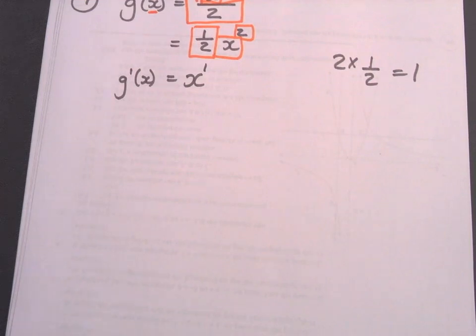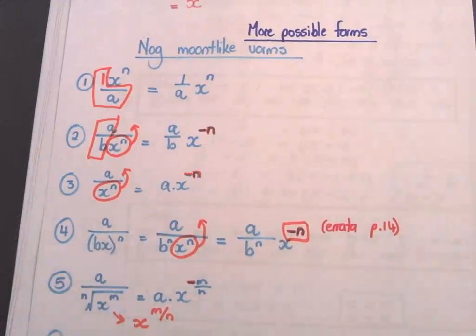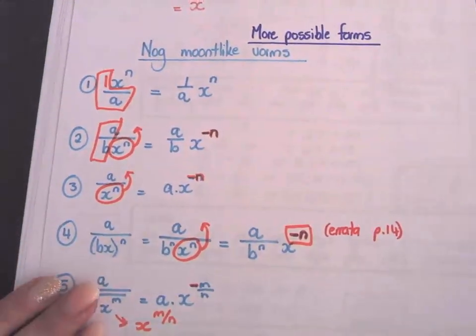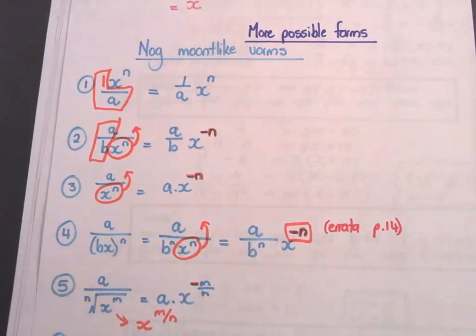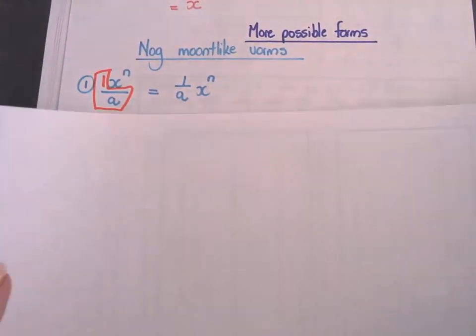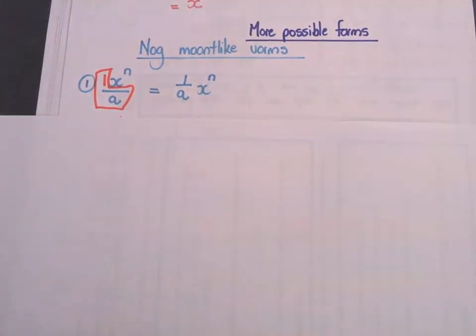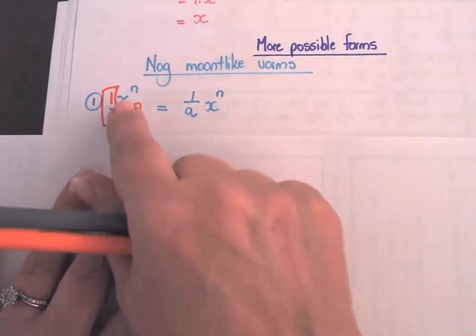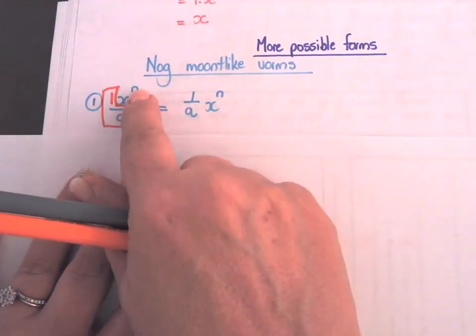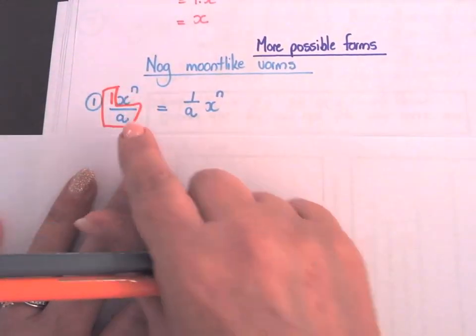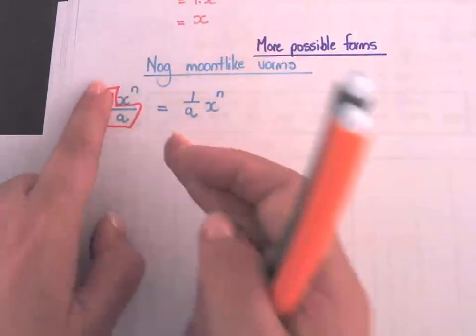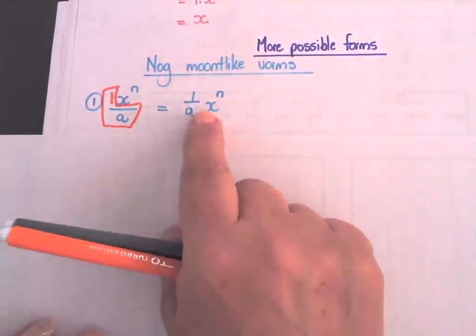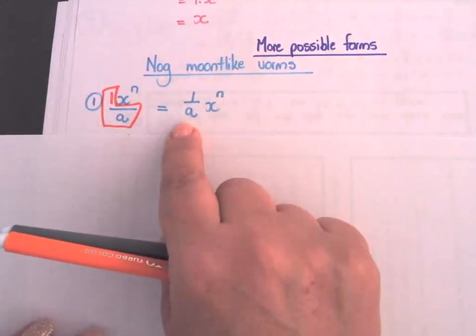More possible forms. I think this is on your page. If we have x to the power of n over a, the x to the power of n can be separated from the 1 over a, and then you have your 3 boxes.